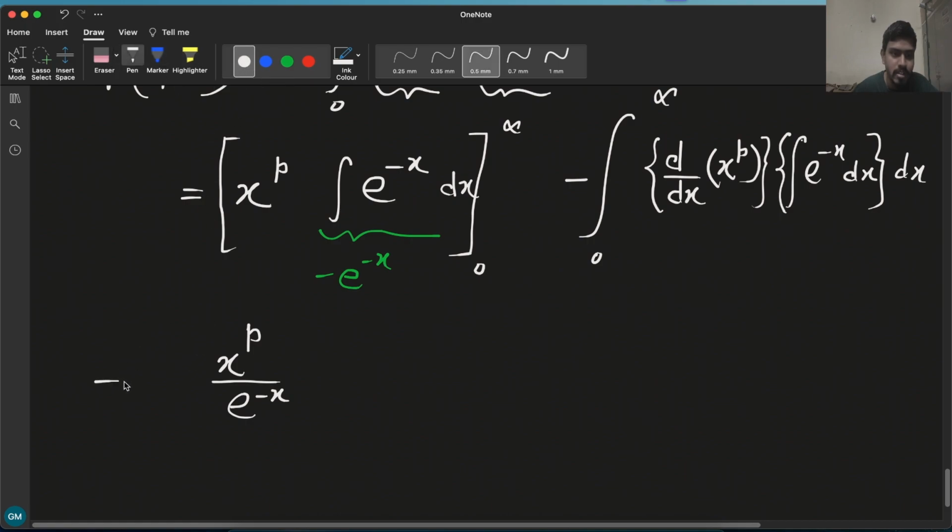Let me put this minus sign outside. So e to the power minus x, limit x tends to infinity, minus 0. If I put 0, then because of this factor present here, it will be 0.